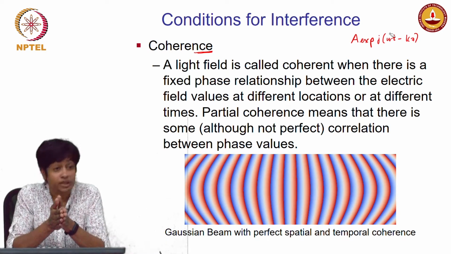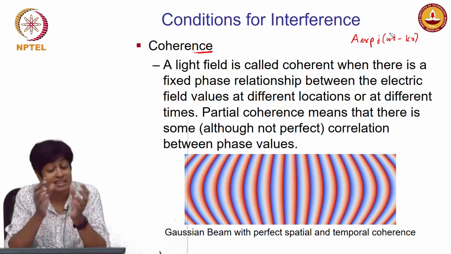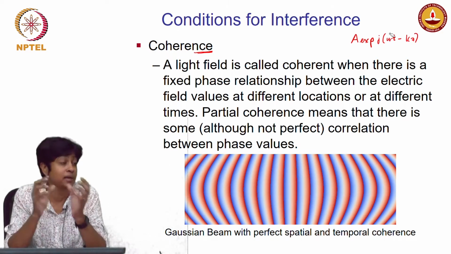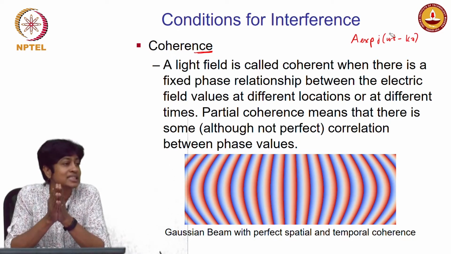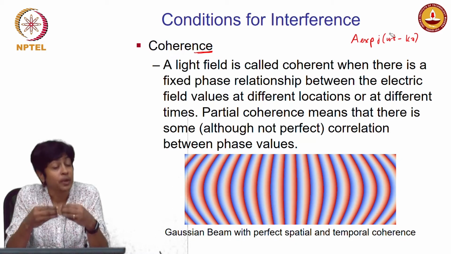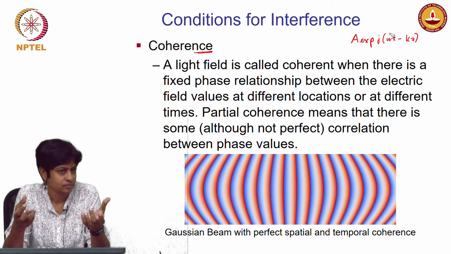And it turns out it may not. Now, the expression may hold true, but these terms omega and k, they don't actually stay constant. Okay? So, coherence is the way to study what is the stability of this wave.